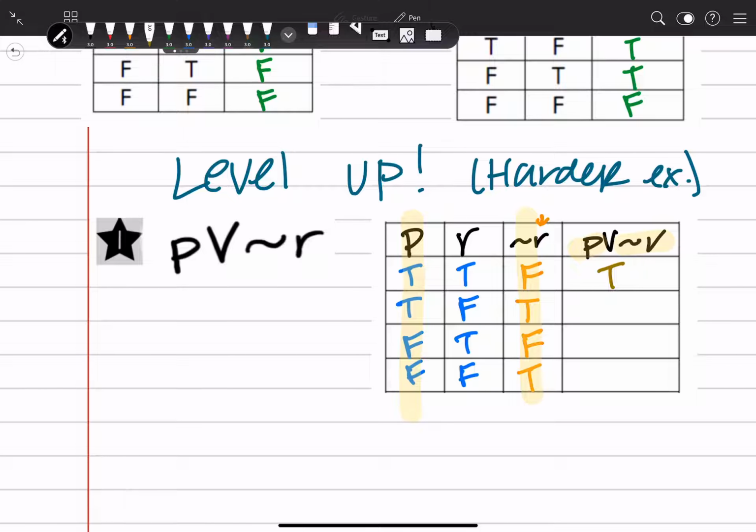Remember, I need to have one of them. I don't need both, but I need one. This one's also true. Both of these are false here. And for this one, at least one is true. All right, this is how you work with compound statements. Again, you have to remember that conjunction is and, and disjunction is or.